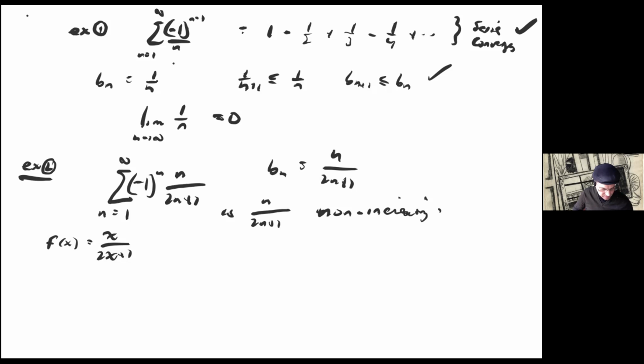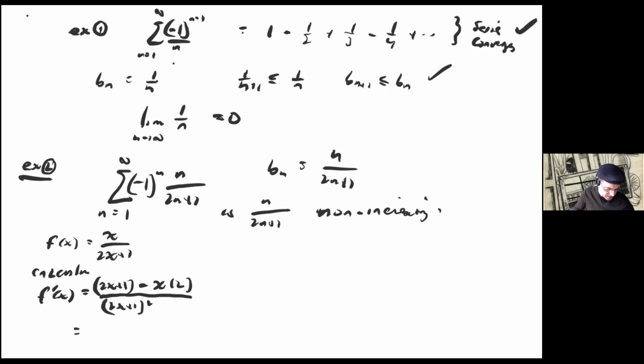There are 2 ways to solve this. You can do it using calculus. So you can look at f prime of x, which is given by the quotient rule: 2x plus 1 times 1, the derivative of x, minus x times the derivative of 2x plus 1, which is 2, over 2x plus 1 squared.